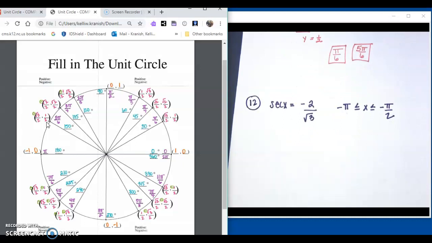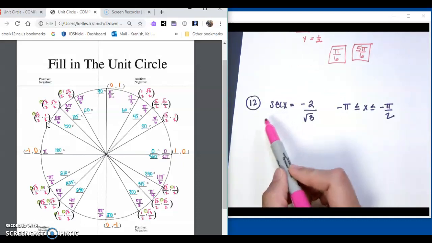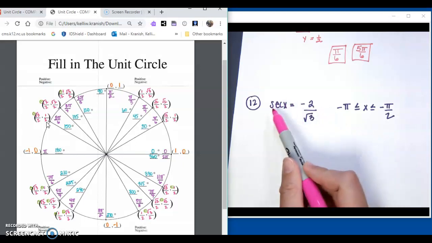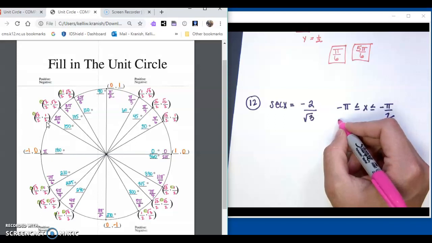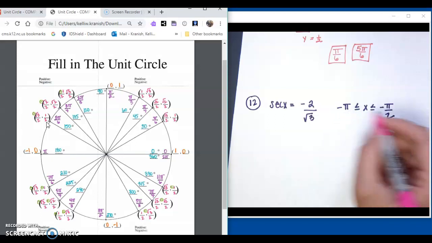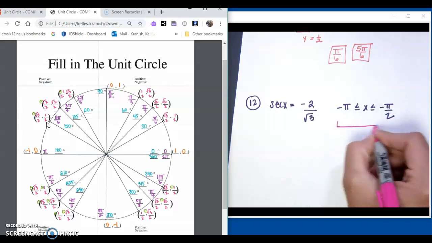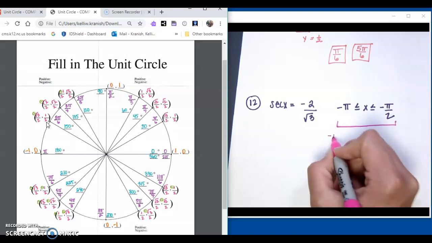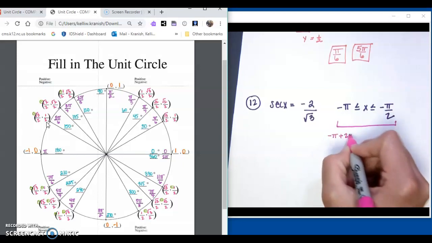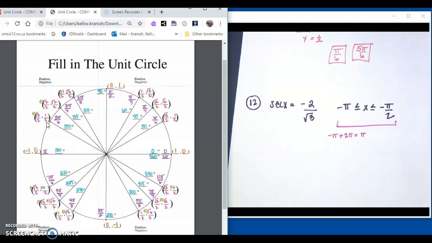Alright, and then the last one for number 12, secant is solved for secant, so that's good. If you look over here, this is similar to number 5, where these are negative. So if you remember, we're going to find the coterminal angle so we know where to look on the unit circle, and then we'll go back to having negative answers. So I'm going to take negative pi, I'm going to add 2 pi to it, which will give me pi.